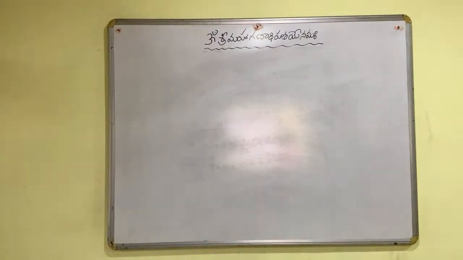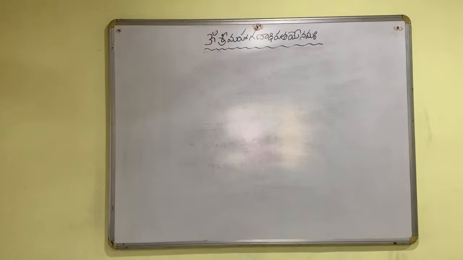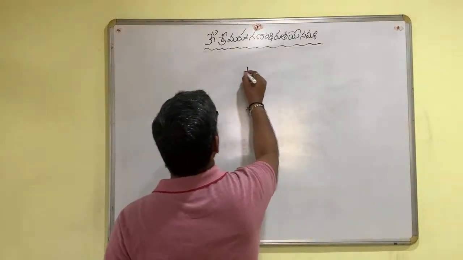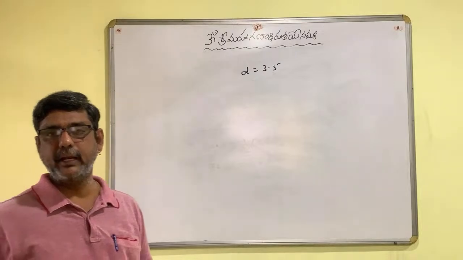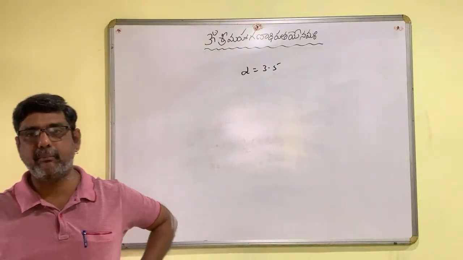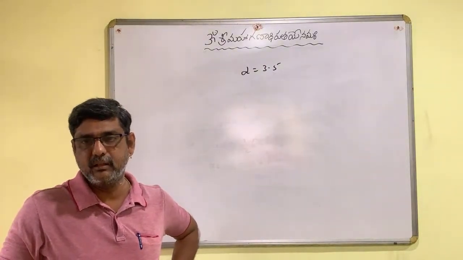Now second question. Find the surface area of a sphere whose diameter is 3.5 meters. Diameter 3.5 meters. What is 3.5 in fraction form?